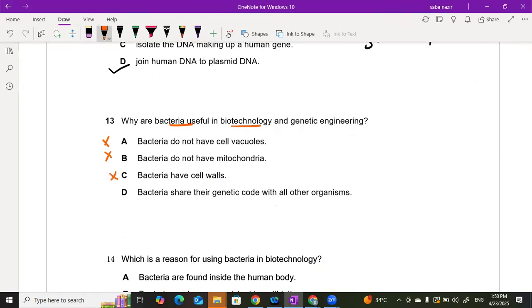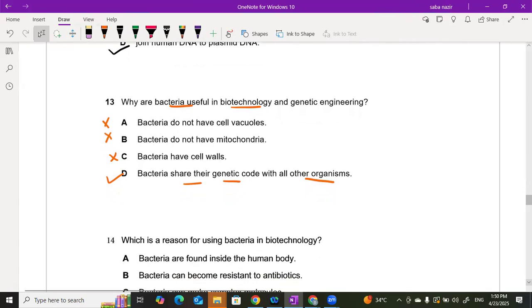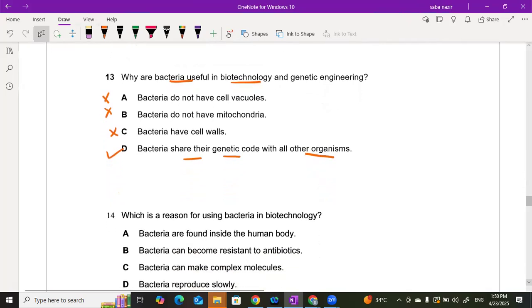These are not the criteria. The basic criterion is that bacteria share a genetic code with other organisms. There is some resemblance in the genetic makeup of bacteria and other organisms. For that reason, we can use bacteria. There are multiple reasons as well. Our next question is based on another reason.